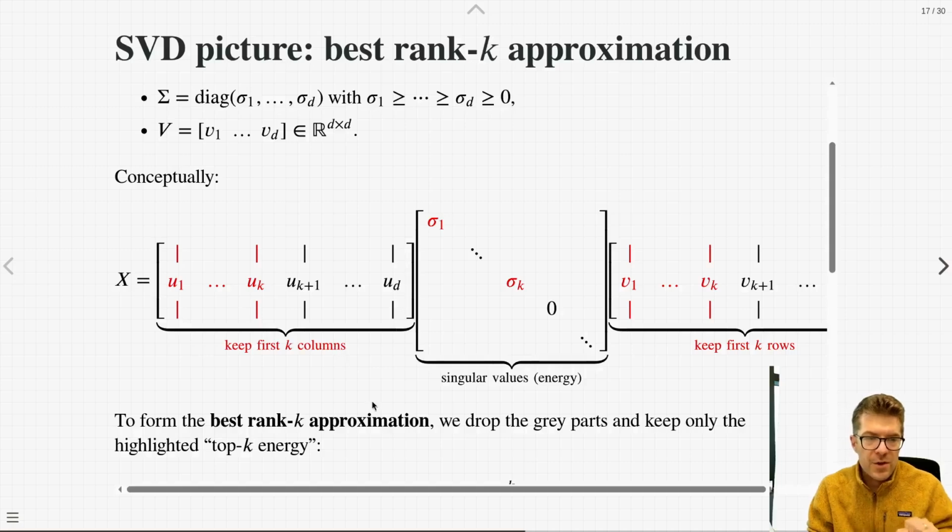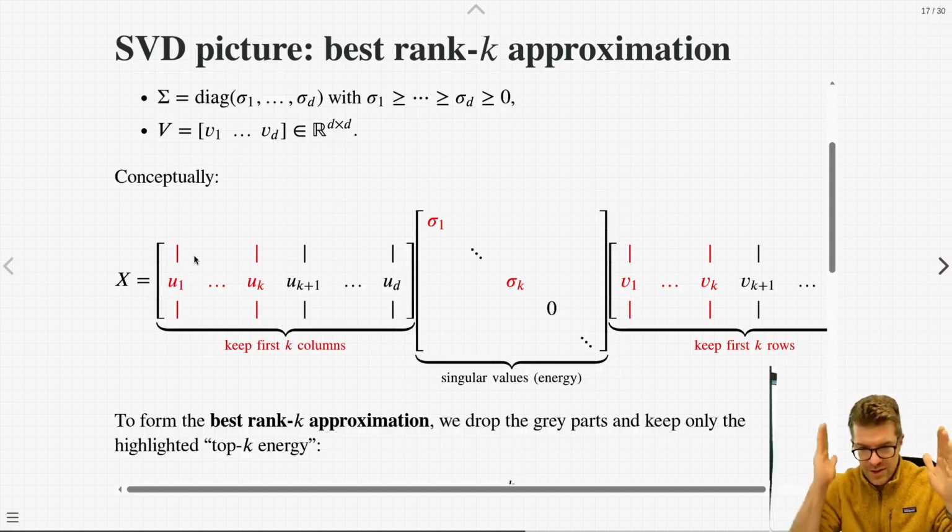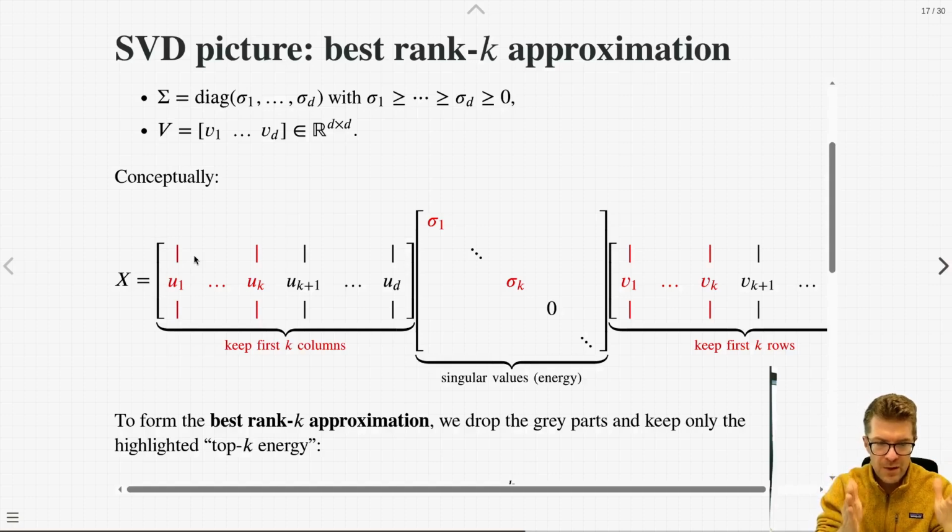If I wanted to embed my d-dimensional data, here's my n rows of data representing my n data points. I can just literally cut off the first k columns. Those are my embeddings of my n data points, the projections of those onto k dimensions.